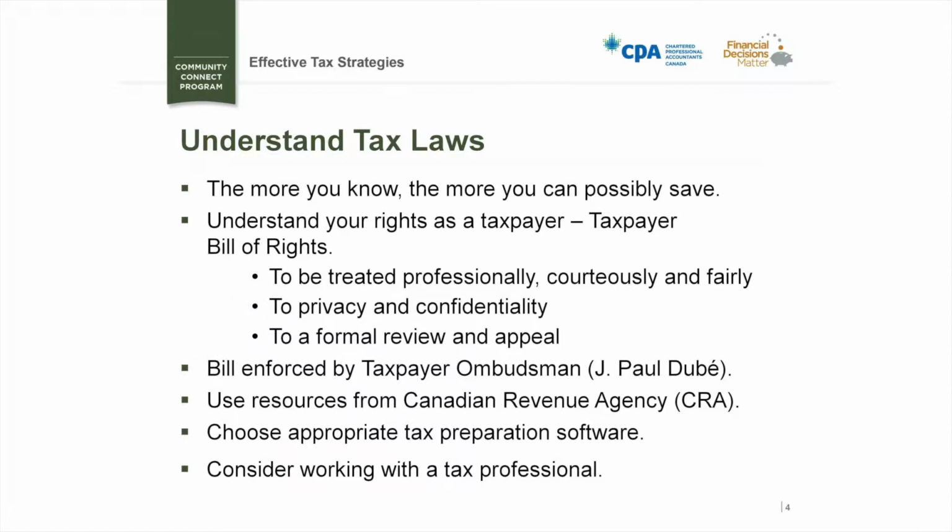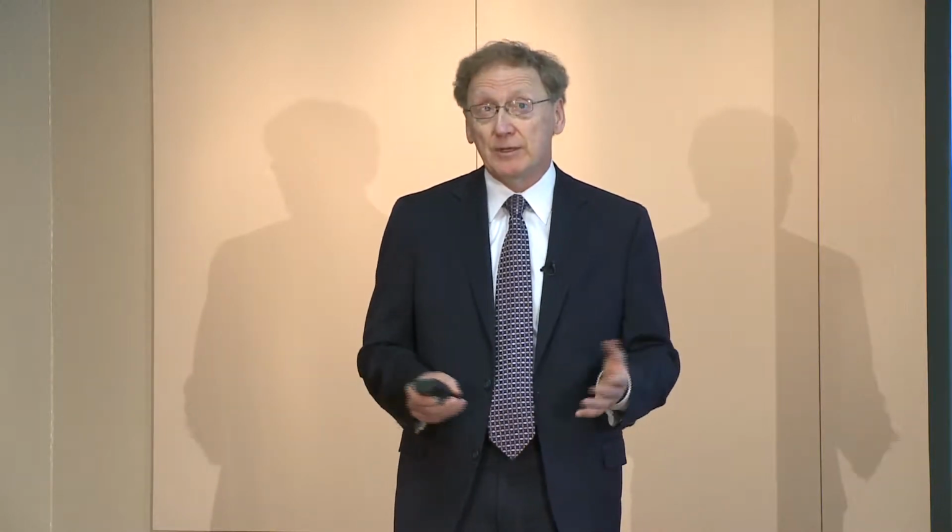And one of the things that you need to know, and it's an important avenue for you to deal with matters when you have problems with the Revenue Authority, is the Tax Ombudsman. The Tax Ombudsman is Paul Dubé, and he has about 35 people working for him. And he's there to help you deal with disputes. He doesn't have responsibility for all 15 of the Taxpayers' Bill of Rights, but he does have responsibility for a number of them.